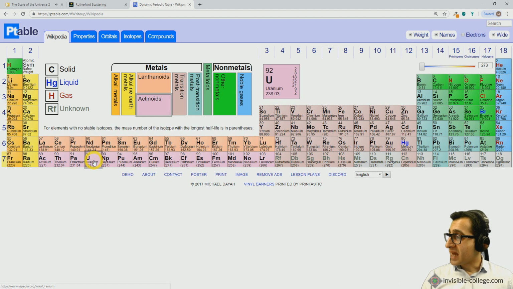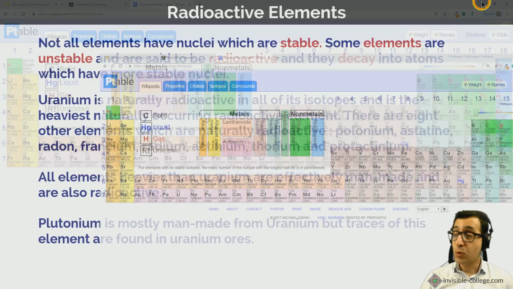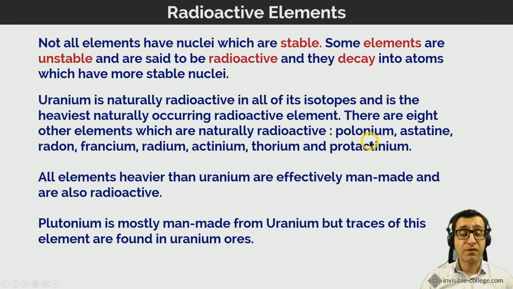So the elements that have a higher relative atomic mass than uranium, these are all effectively radioactive and are largely, with the exception of plutonium, man-made elements, elements which are produced in man-made artificial processes like nuclear reactors, particle accelerators, and so on. But there are only a small number of natural radioactive elements.